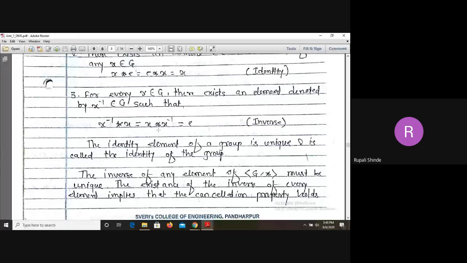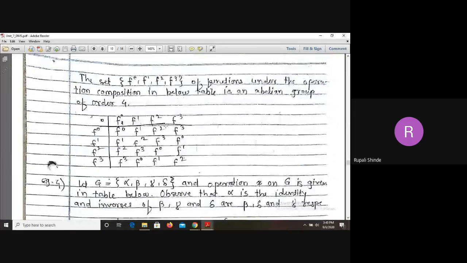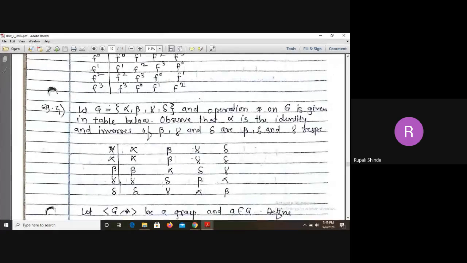In this question, we know the identity element, and we just have to find its inverse. The element which gives an identity element is called the inverse of that particular element.